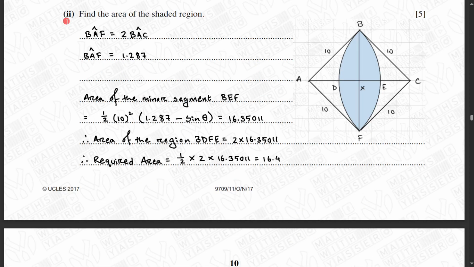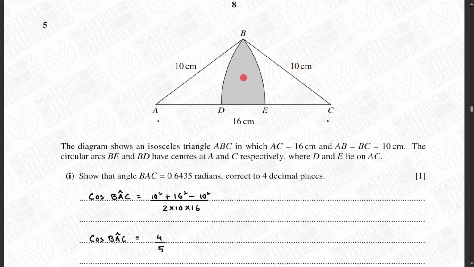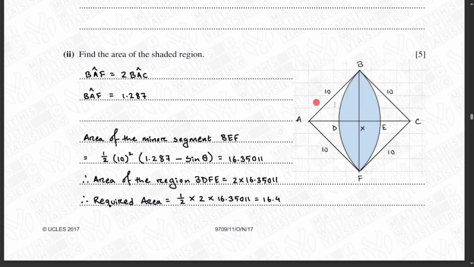For part 2, it says find the area of the shaded region. So the shaded region that they're talking about is in this diagram. In order to solve this, we can make another diagram and use the help of this. For example, in this particular diagram, we have BAF.